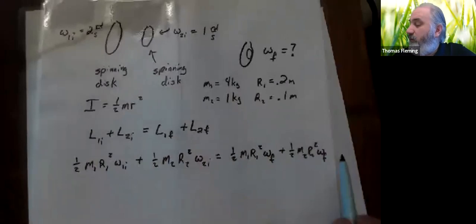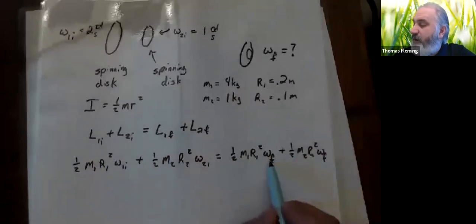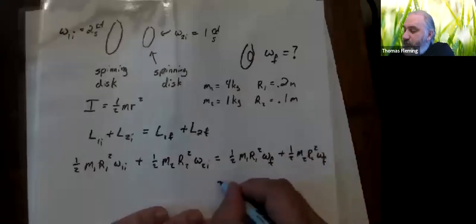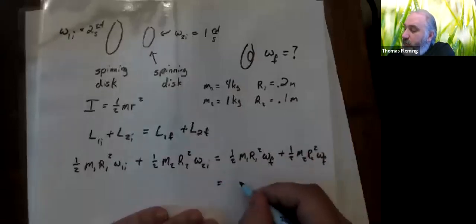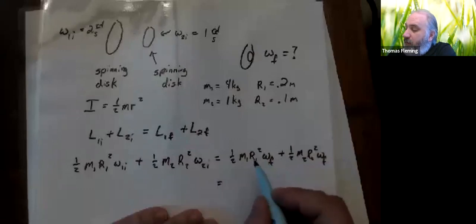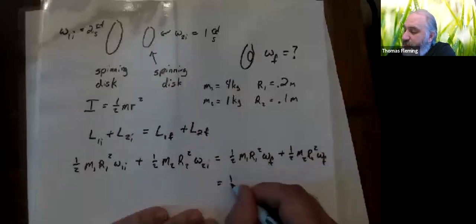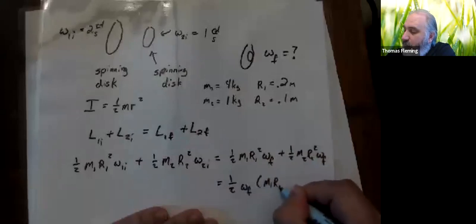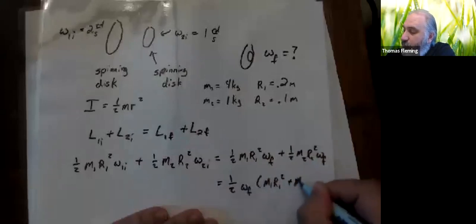Of course, since this omega and that omega are the same, I can just factor that out. The 1/2s are the same, I can factor that out. The omega finals are the same, I can factor that out. So in here, I'm going to have m1 r1 squared plus m2 r2 squared.